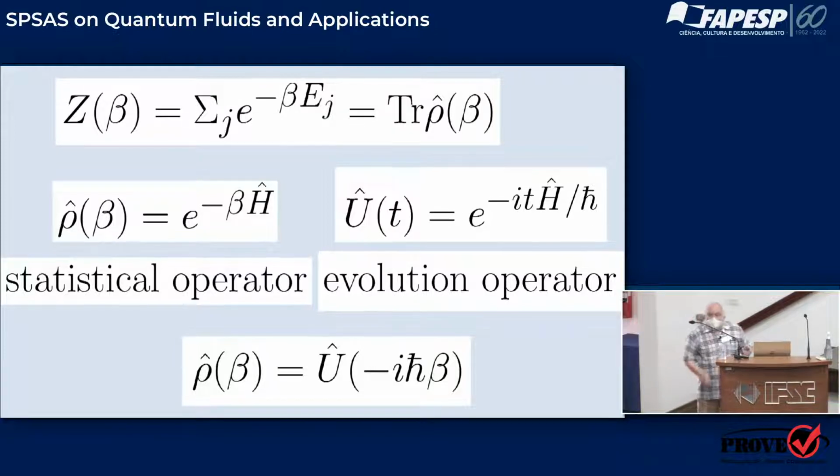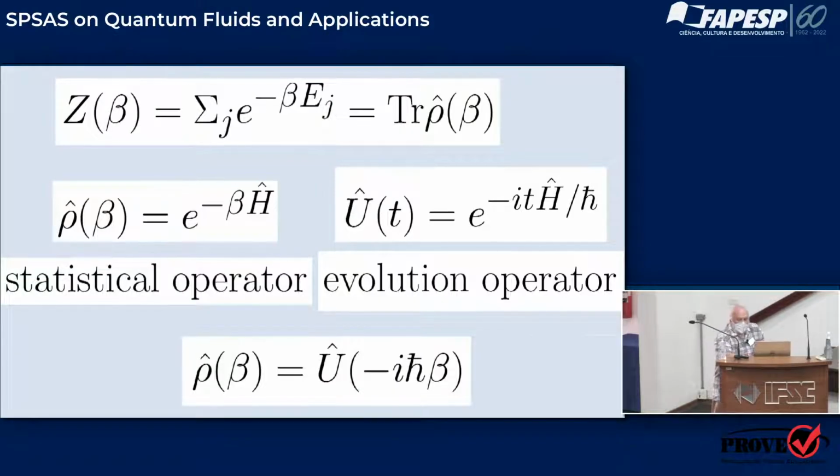And we see that there is a simple relation. If we know the evolution operator, then if we change real time by an imaginary quantity, we shall obtain this equilibrium statistical operator. Now it is obvious for everybody, but it was not obvious at that time.